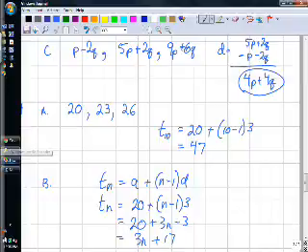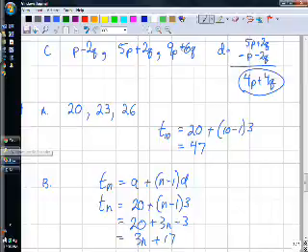Okay. We solved it. And then they want to know what's the next term in the sequence. Well, to get to the next term in the sequence, I can add the common difference to find out. The common difference is either of these. I'm going to choose 2x minus 4.